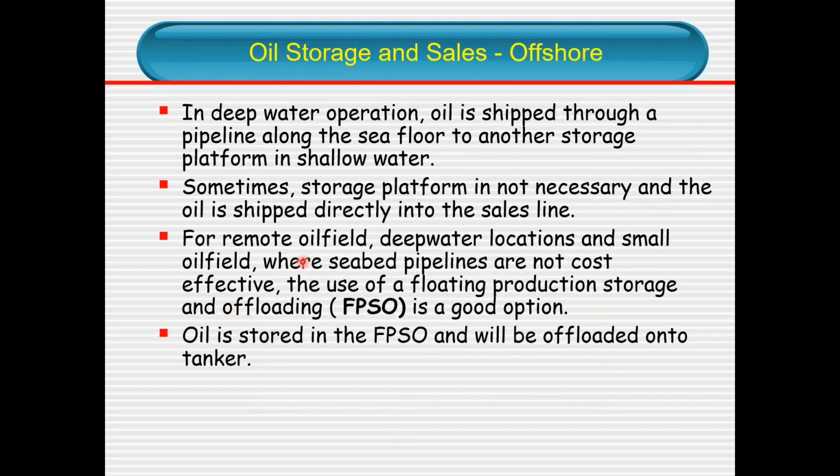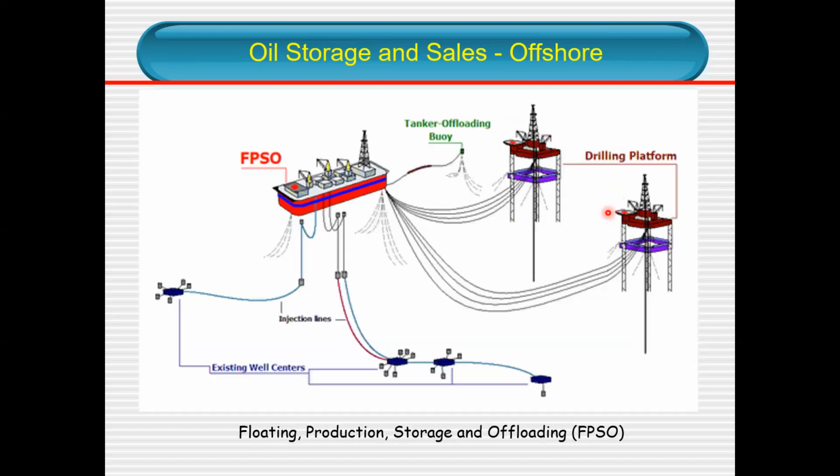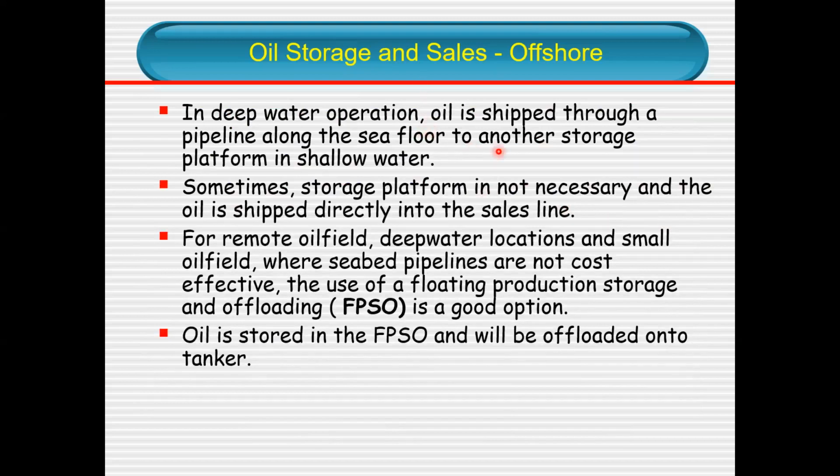But when you are talking about deep water operation, there are different means of shipping oil through a pipeline along the sea floor to another storage platform in shallow water, or to onshore. Sometimes a storage platform is not necessary, and the oil is shipped directly to the sales point. Most of the time, a storage platform would be much more economical, with the oil transported to onshore if it is already shallow water.